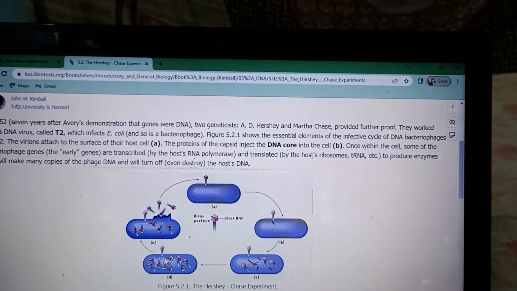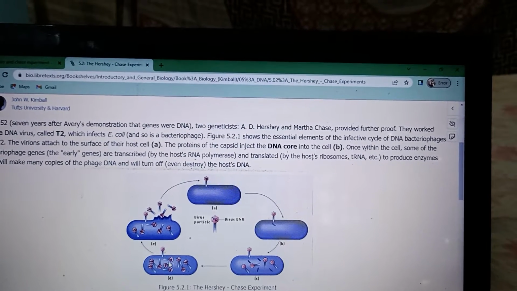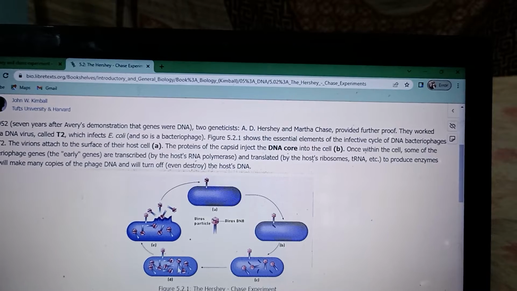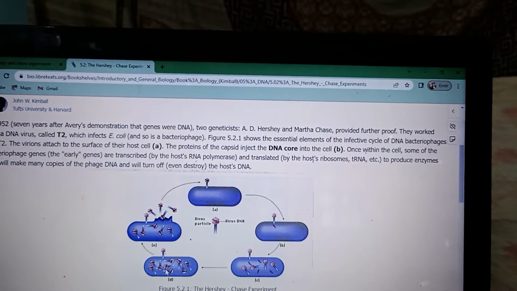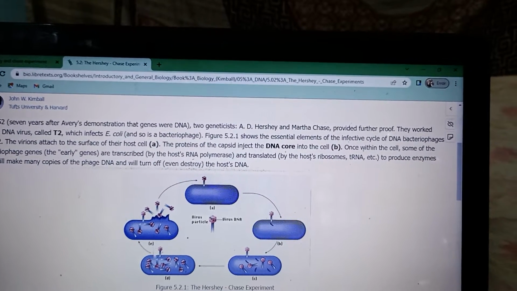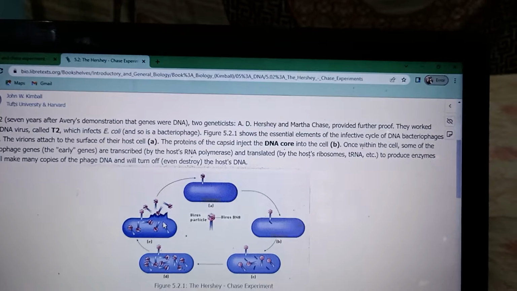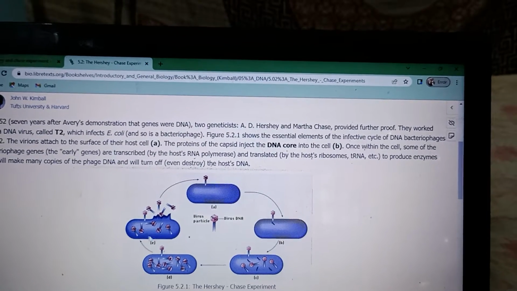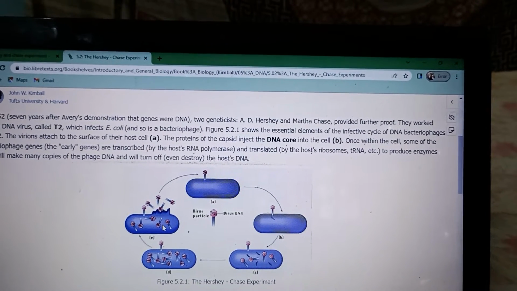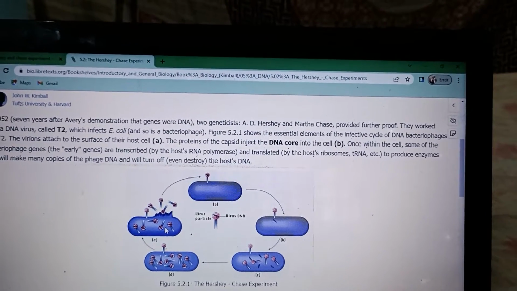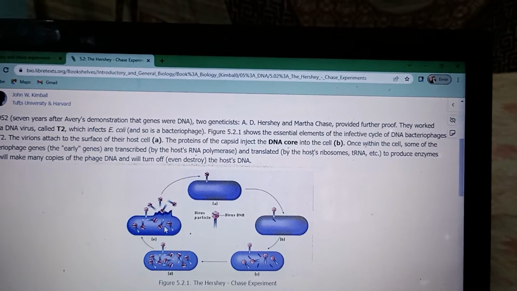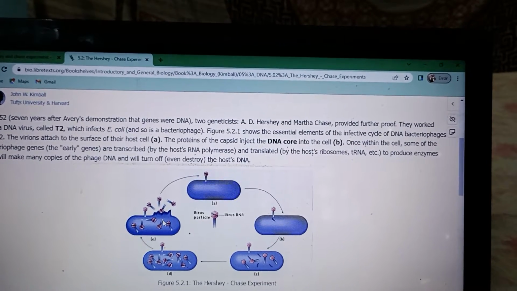Next, the produced DNA materials are inserted into the capsid proteins which are produced by the phage DNA. Then later on, the entire host cell will be destroyed by the replication action of phage DNA.